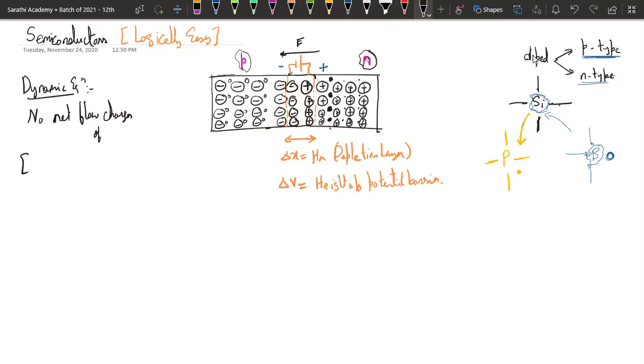ठीक है. Now there are minority charge carriers which will flow, but in equal amounts.